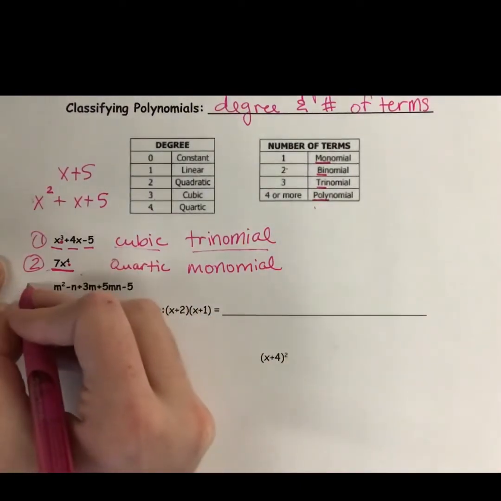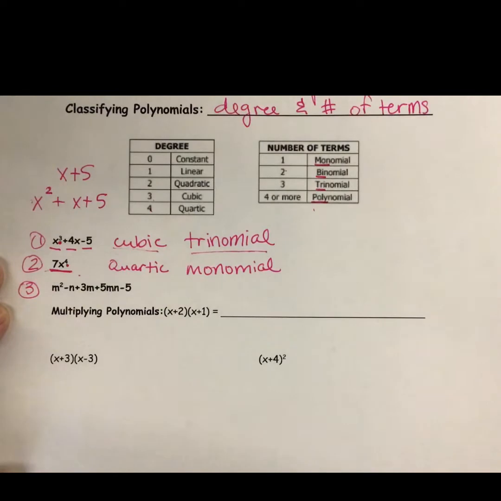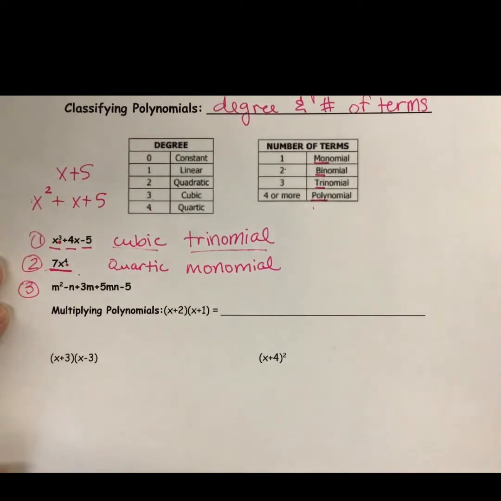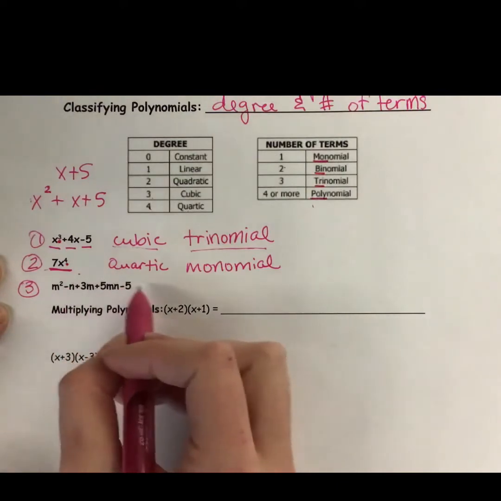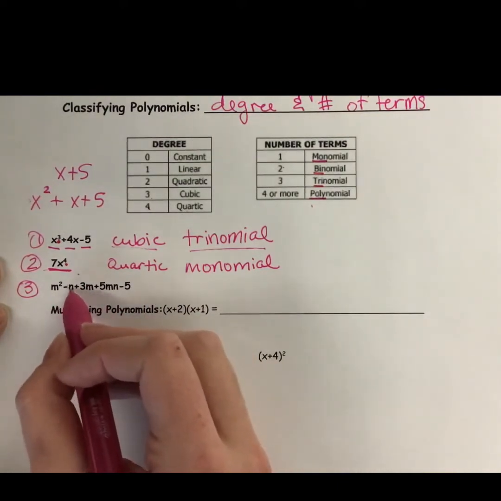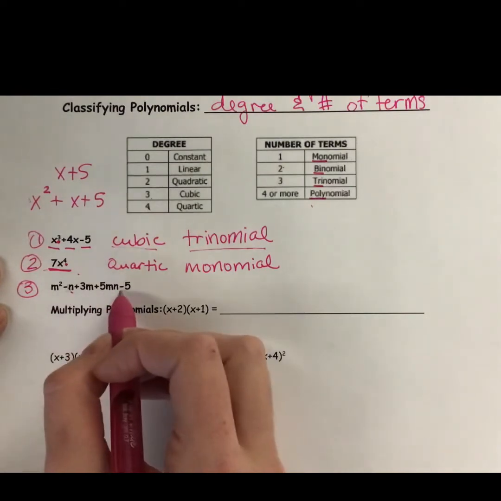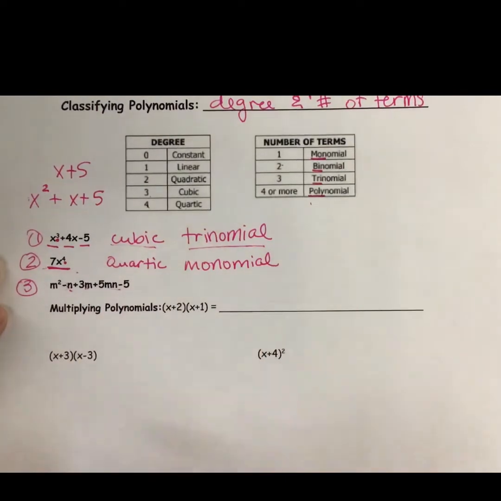Last one here for naming. We have m squared minus n plus 3m plus 5mn minus 5. Now, some of these might be a little bit jumbled up, right? We know that m is supposed to come before n, so this n would really need to go on the back end here after all of the other m variables have been listed.